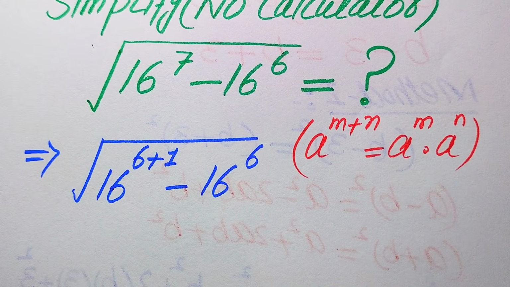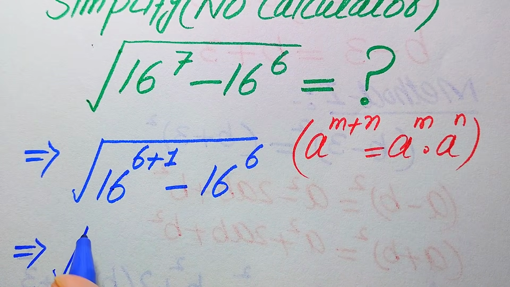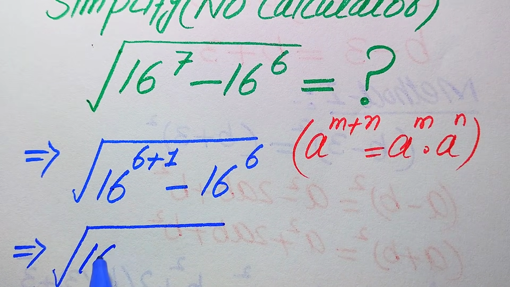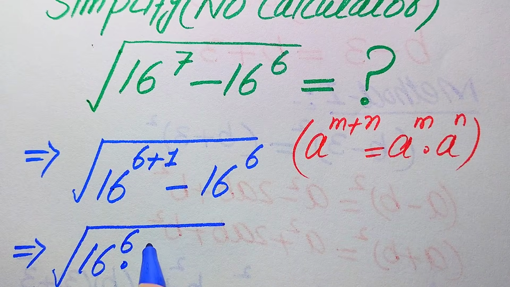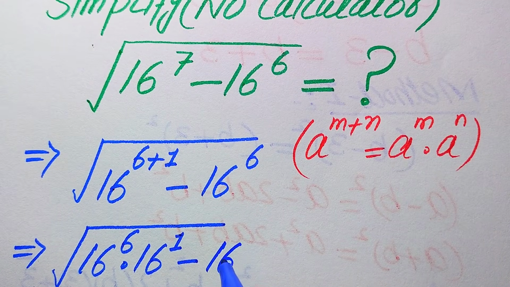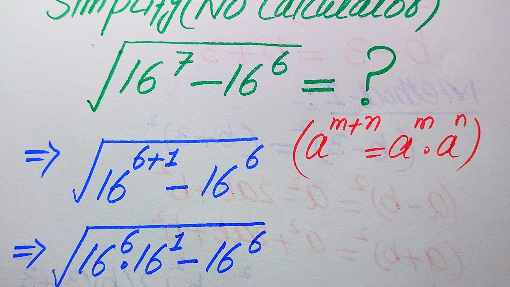So according to this rule, we break the exponent of these terms and it will be written as the square root of 16 to the power of 6 multiplied by 16 to the power of 1, minus 16 to the power of 6.